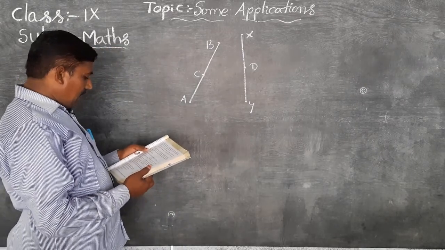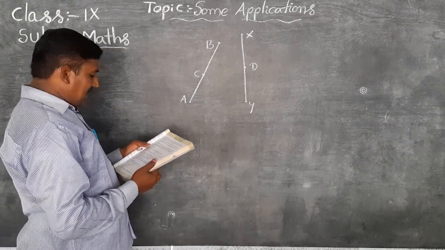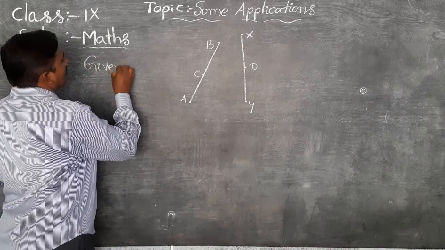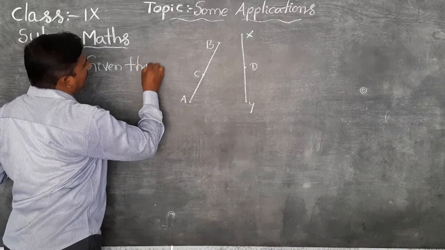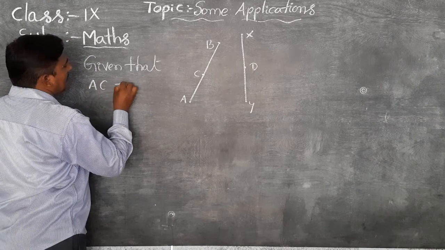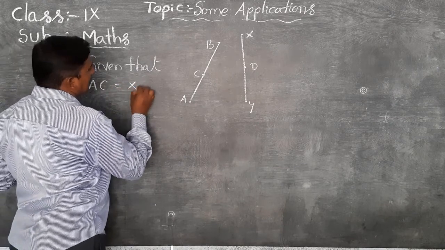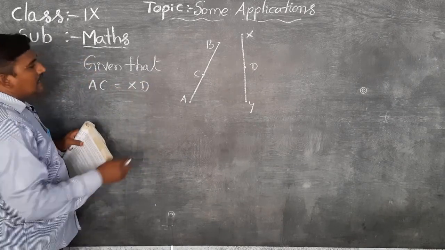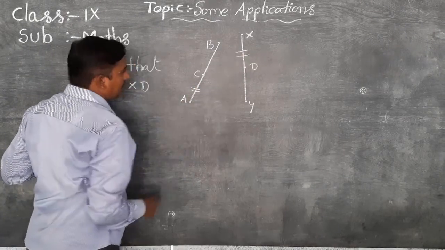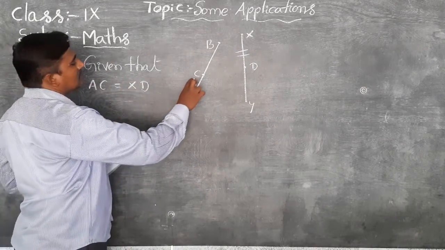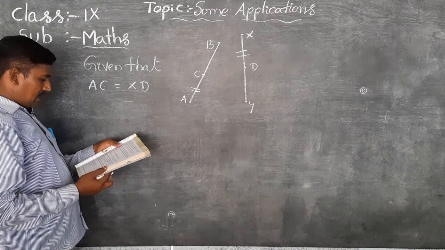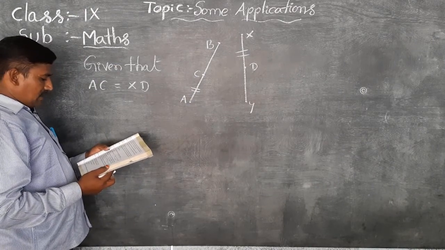In the adjacent figure, given that AC is equal to XD. AC means this value, and in these two figures this AC is equal to this XD.